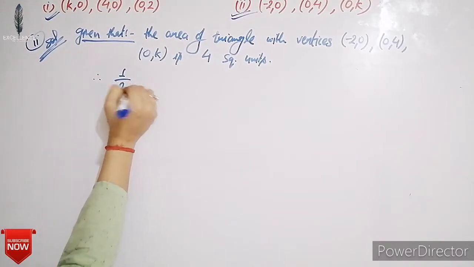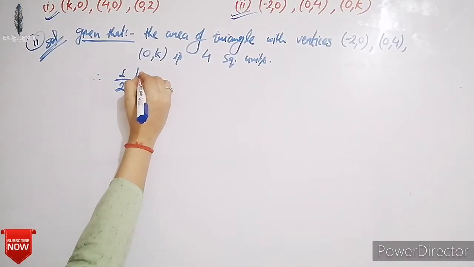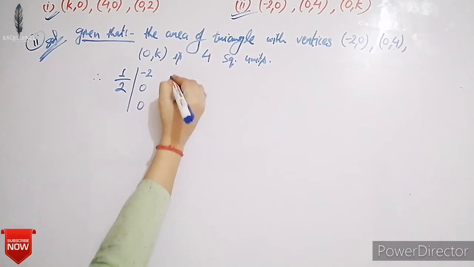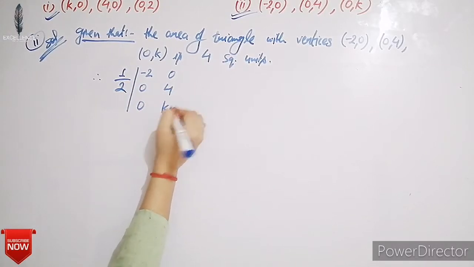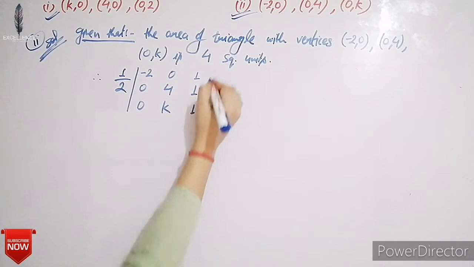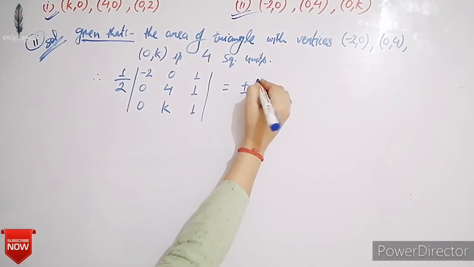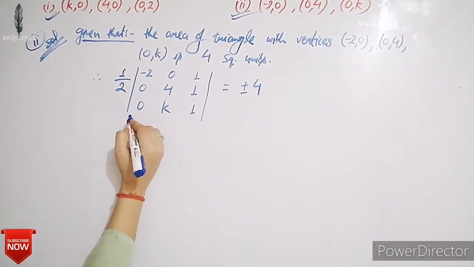So 1 by 2 times the determinant with rows minus 2, 0, 1; 0, 4, 1; 0, k, 1, that is the area of the triangle, is equal to the given 4 units, so plus minus 4.